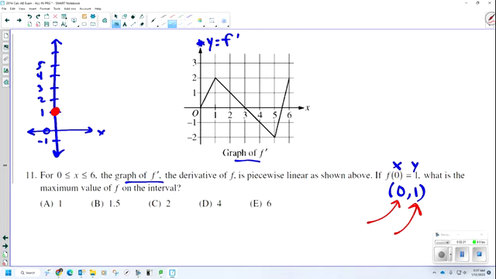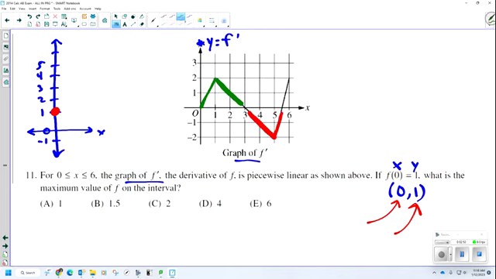But keep in mind, they don't want to know locations or whatever. What they're asking for is the actual maximum value, not where it occurs. They want to know the actual y value. So how do I figure that out? I can tell, for example, when my y values are positive, I'm increasing. When my y values are negative, I am decreasing or moving back down.